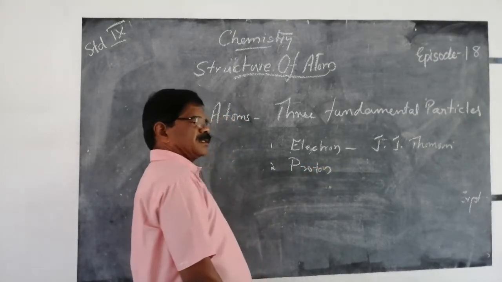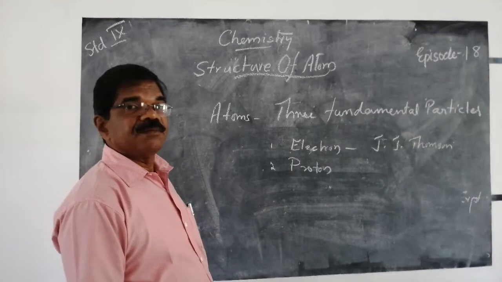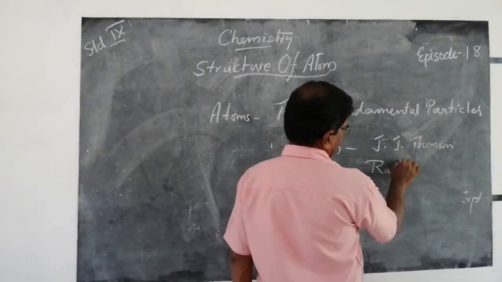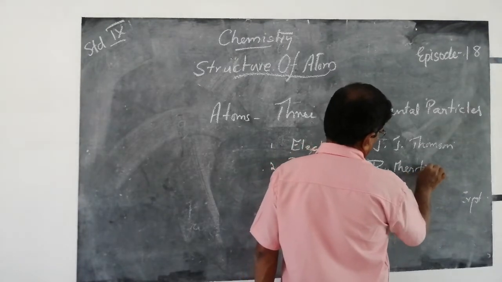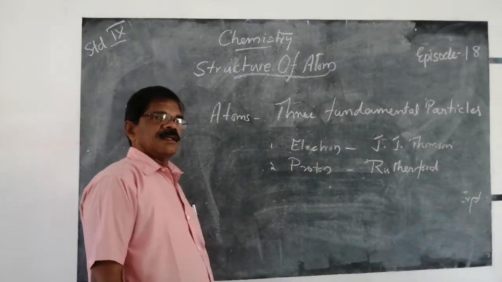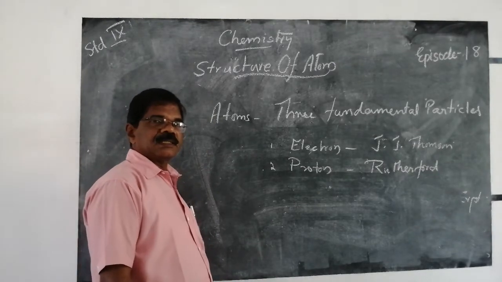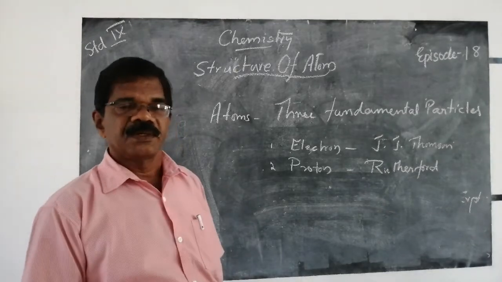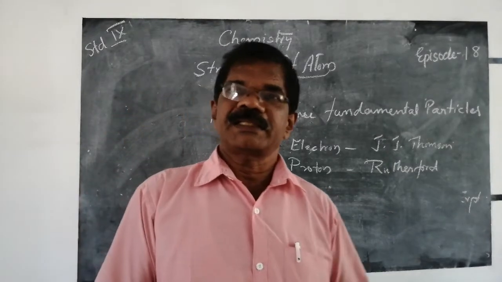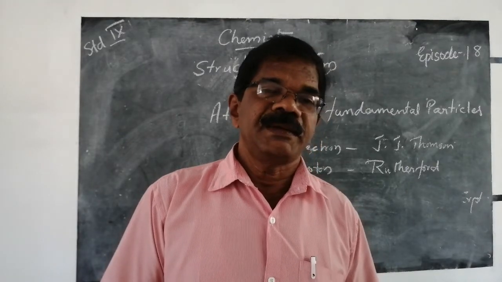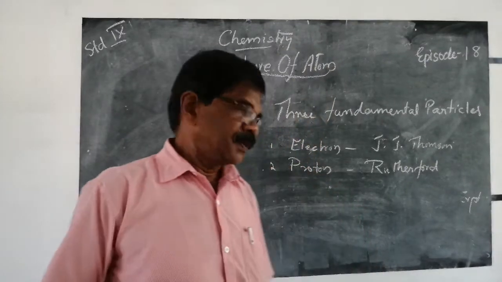The presence of this was proved by the scientist Rutherford. Then, by studying the stability of the nucleus, the scientist James Chadwick found out there is another particle inside the nucleus. He named it the neutron.